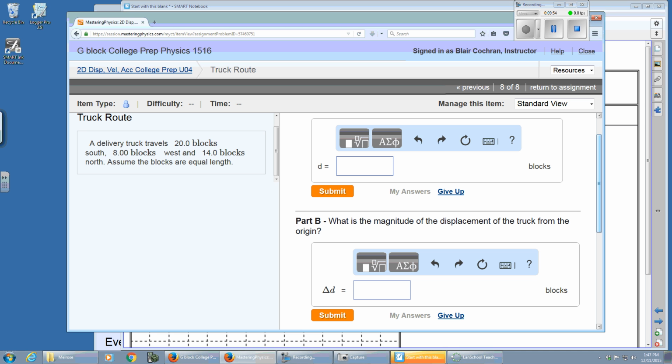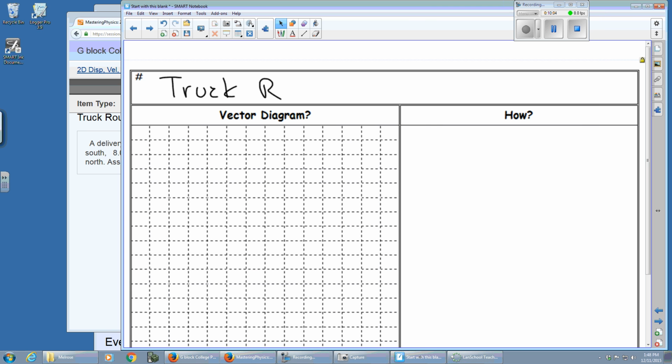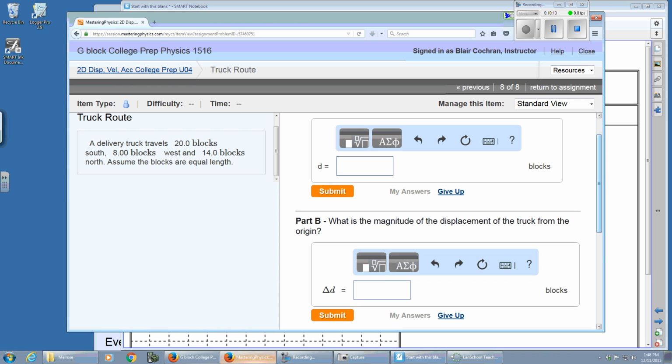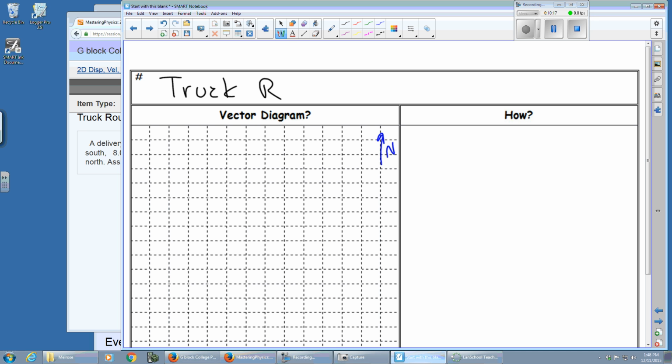so our vector diagram for this would be to draw the path of the truck: 20 blocks south, west, and then north. I'm going to say that north is upwards. I'm just looking ahead. Okay, so I'm going to start over here.